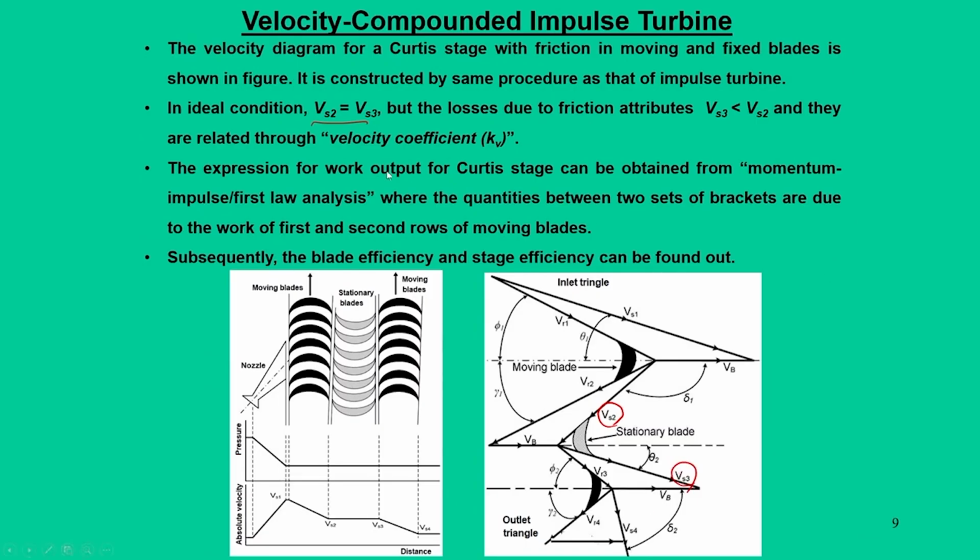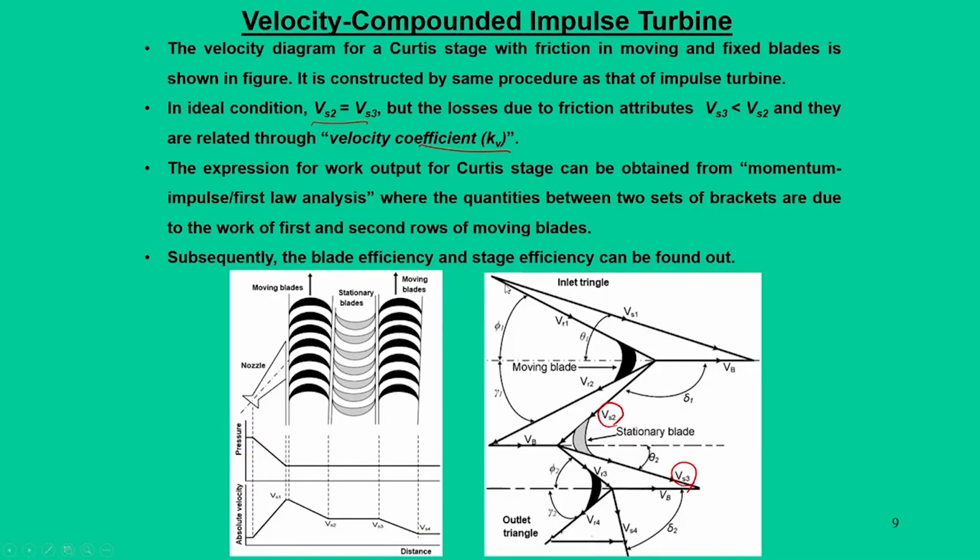So, we can introduce the velocity coefficient Kv, which takes care of this ratio and quantifies the amount of the fluid that enters. That means we can precisely say what velocity the steam enters each row of moving blade. Once we have everything, we can calculate the work transfer by the momentum impulse principle. Then of course, we can calculate the blade efficiency and stage efficiency in a similar manner to what you did in our last lecture.